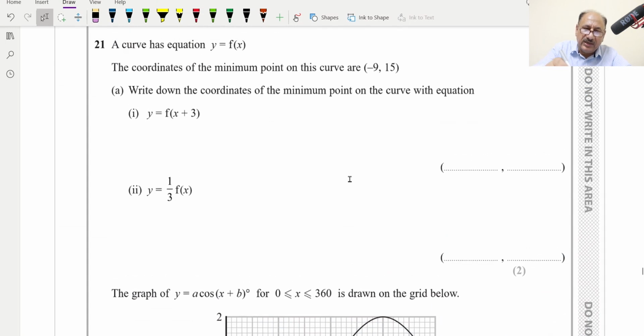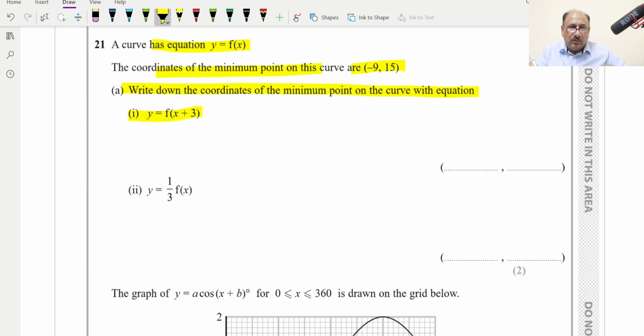The curve has equation y is equal to f of x. The coordinates of the minimum point on this curve are this one. Write down the coordinates of the minimum point on the curve with the equation this one.